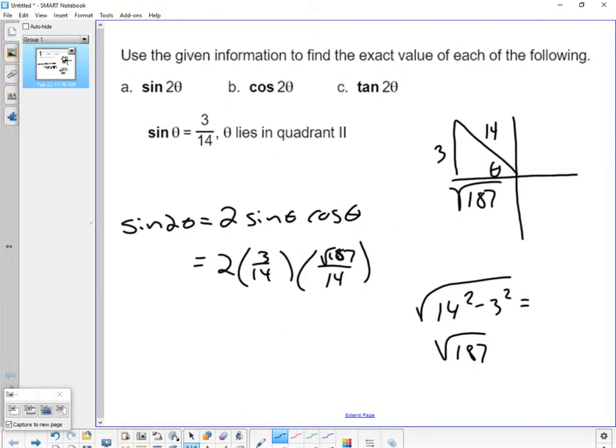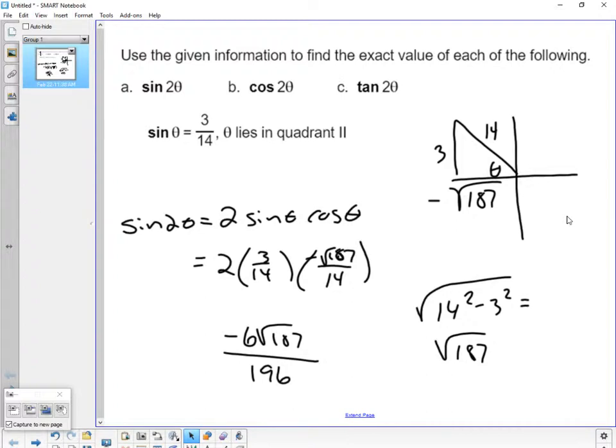And that should be negative, correct. So then 6 square root of 187 over, what's 14 times 14? Can you simplify that? Can you divide by 3? Nope. I think that's it.